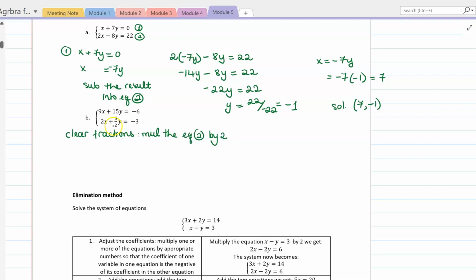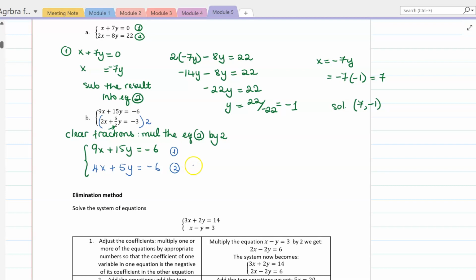The reason I multiply by 2 is because that is the denominator. Then our system of equations becomes 9x plus 15y equals negative 6. And multiplying the second equation by 2, we get 4x plus 5y equals negative 6.